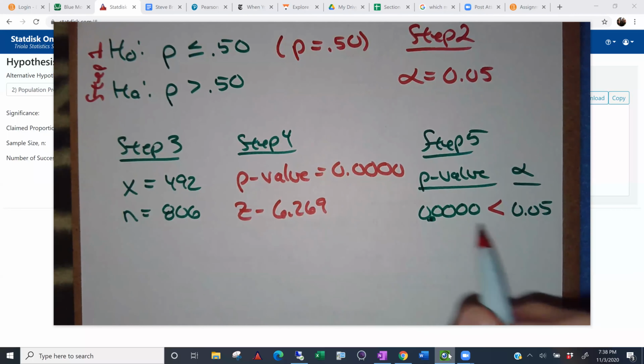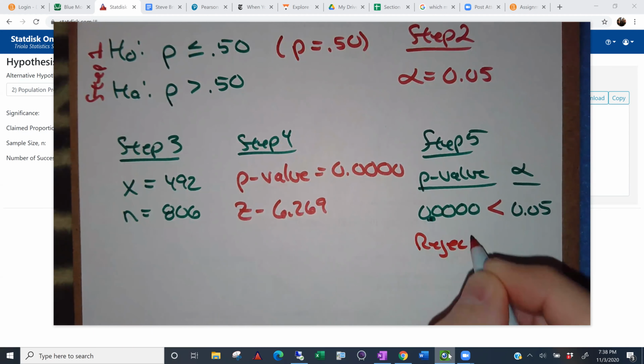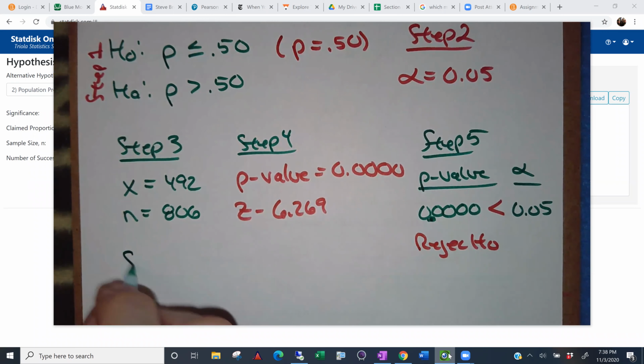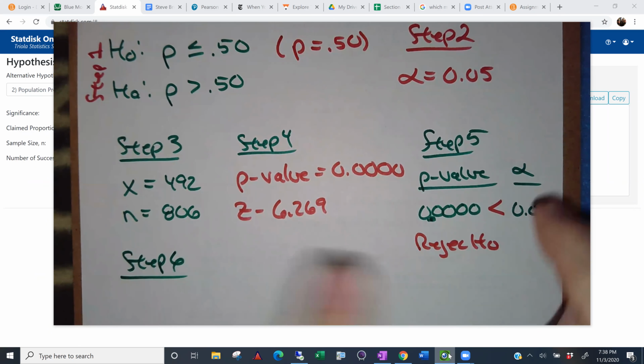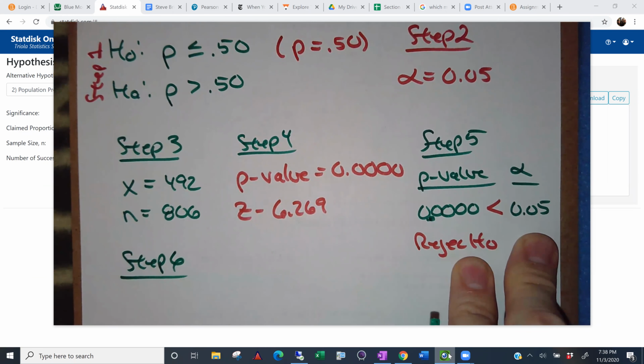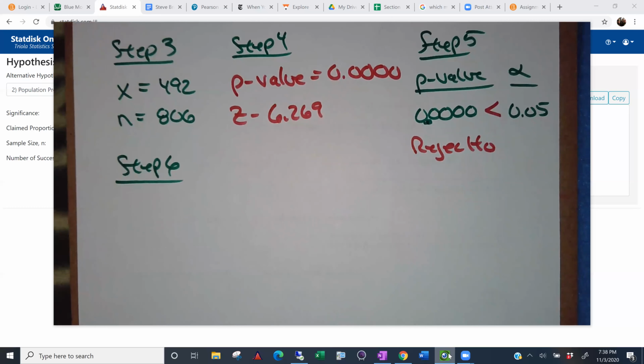Yeah, H naught must go. So we're rejecting it. Reject H naught. The p-value is less than alpha, reject it. So that puts us in step 6. Before I move on, are we okay with this one, that we're rejecting H naught? Yes. All right.